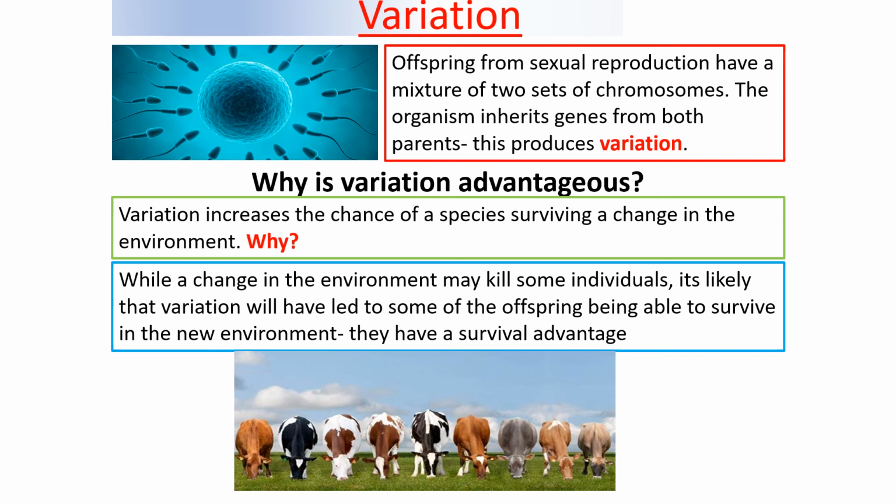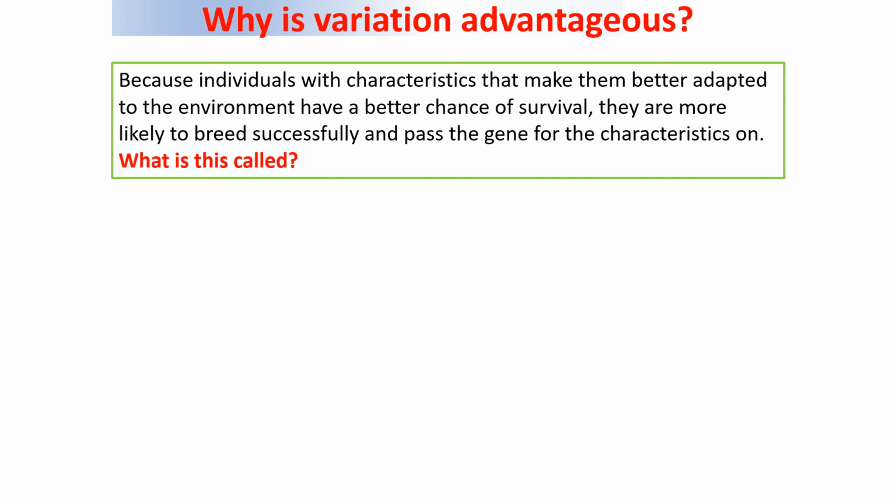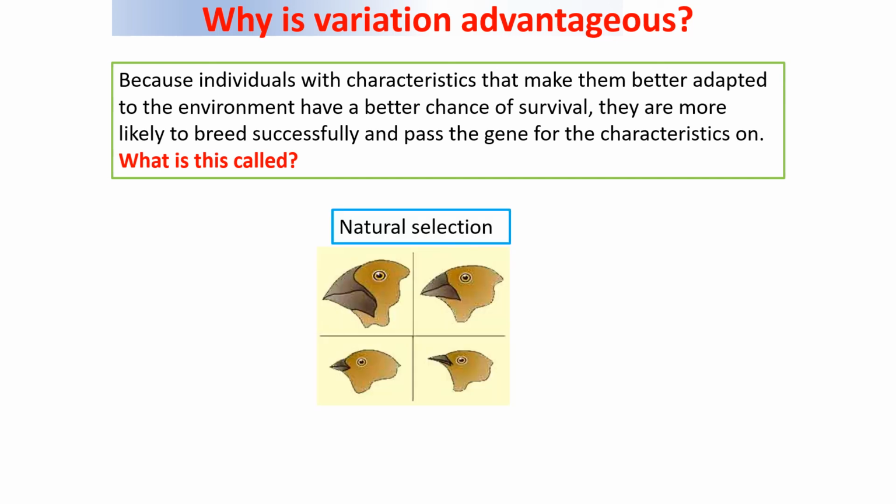While a change in the environment may kill some individuals, it is likely that variation will have led to some of the offspring being able to survive in the new environment. They have a survival advantage. Why is variation advantageous in sexual reproduction? This is because of natural selection. Individuals will have a better chance to survive.